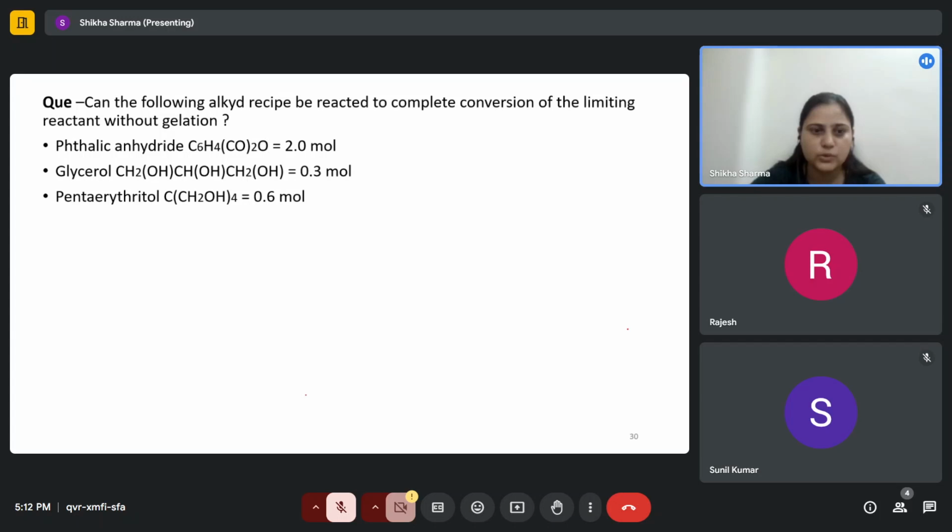So first, what is the limiting reactant? And will the reaction take place without gelation or not? We need to see this, right? So let's approach this question.